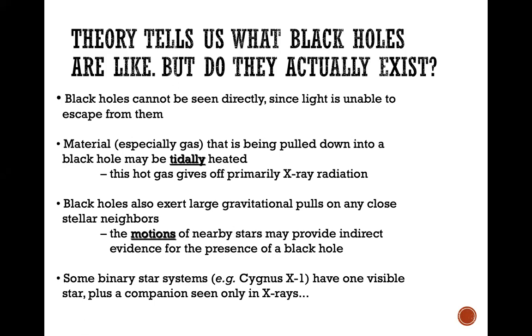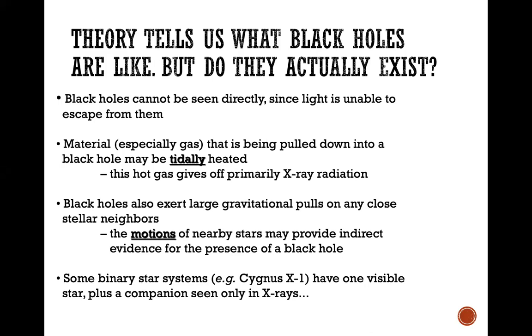Once it is heated to these higher temperatures, this gas can radiate X-rays, so it will give off X-rays close to a black hole, right? And this is probably one way of detecting it, in the X-ray region or using X-ray telescopes.